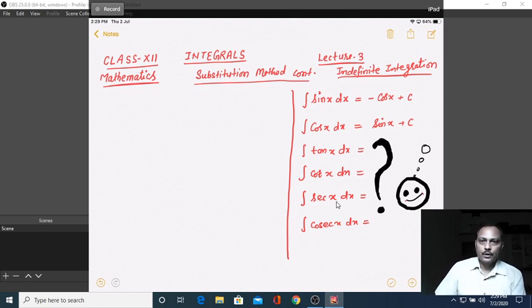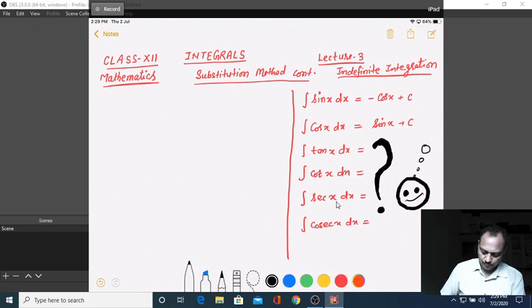As you have already studied, the integration of sin x is minus cos x, and the integration of cos x is sin x. But for the next four trigonometric ratios, tan x, cot x, sec x, and cosec x, what are the integrations of these functions?